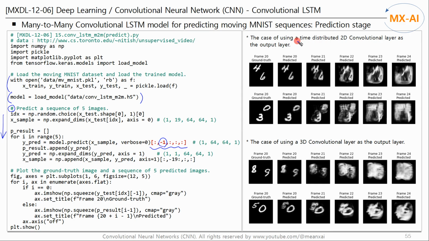The prediction results when using a time-distributed 2D convolutional layer in the output layer are as follows. And the prediction results when using the 3D convolutional layer are as follows. Both results are similar.